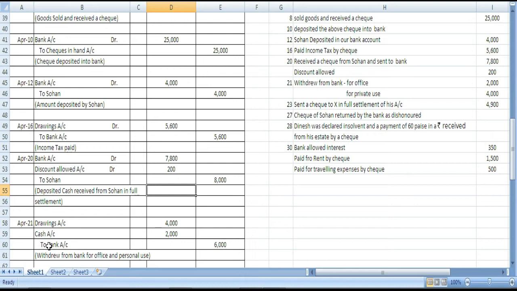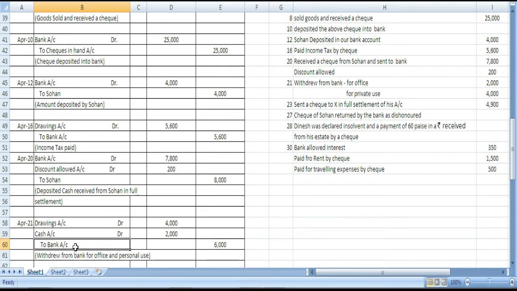So, bank will be credited because from bank we are getting money. Okay. And then cash account 2,000 we have debited here. Drawings we have debited because drawings is an expense, and we have written drawings here because it is a nominal account and it is an expense.